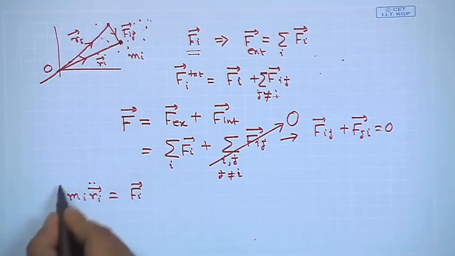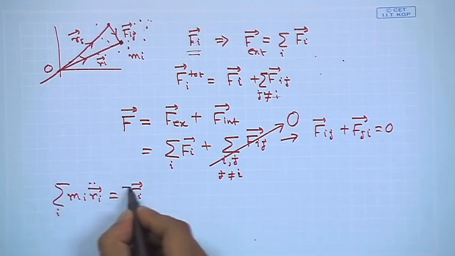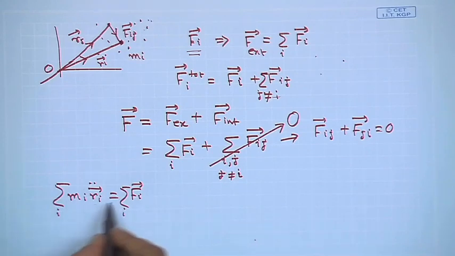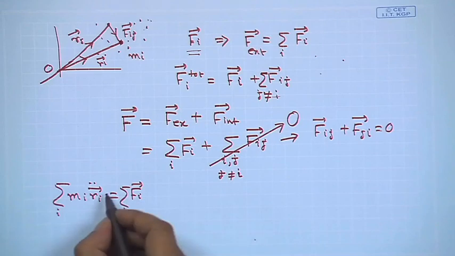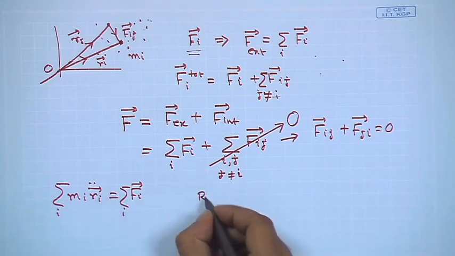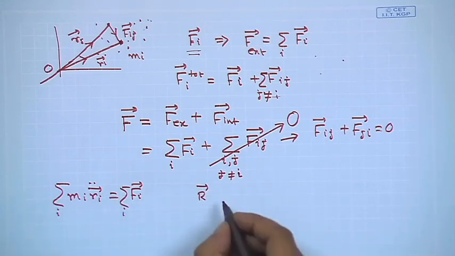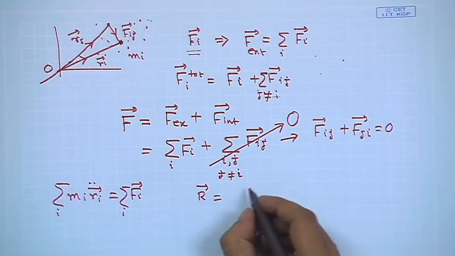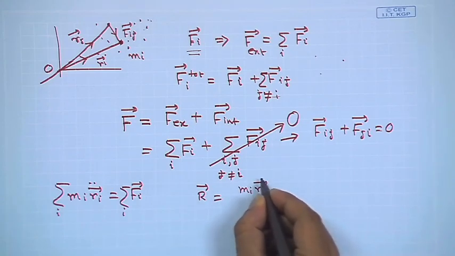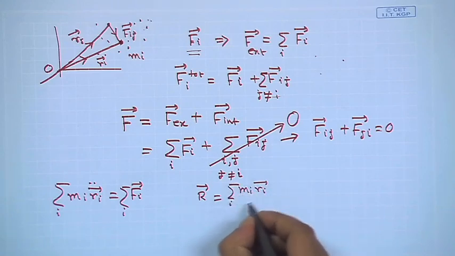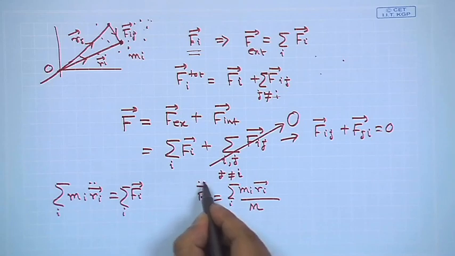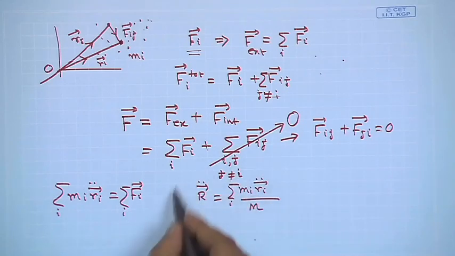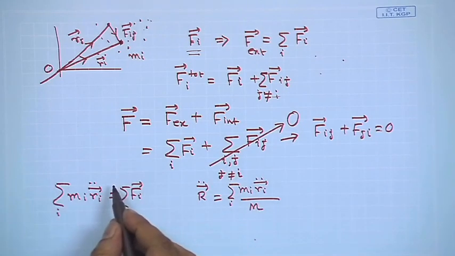If I put summation on both sides, now please recall the definition of the center of mass, not moment of inertia, we have not come to that yet. R is equal to the sum over i of m_i r_i, multiplied by 1 over M. So, that means R double dot is equal to this. So, we replace that into this equation.